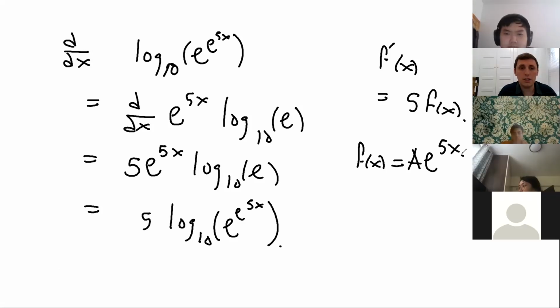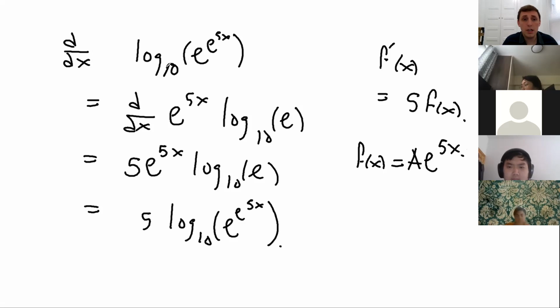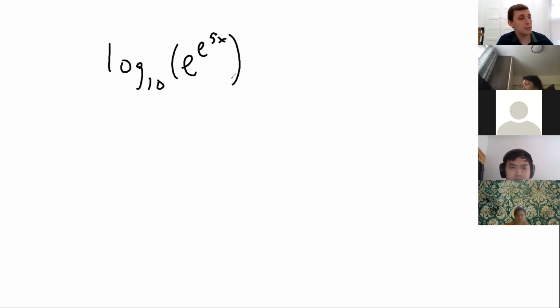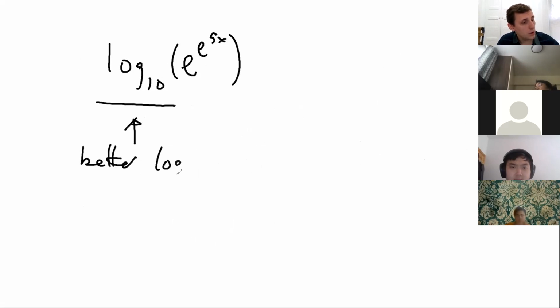Now I can actually use change of basis, you see. I want here to be e. You see, guys, in this function I have log base 10 of e to the 5x. I would have preferred this to be log base e, or better ln.